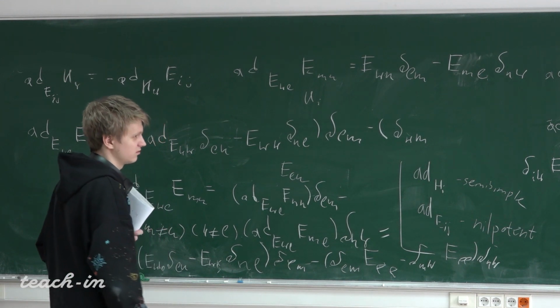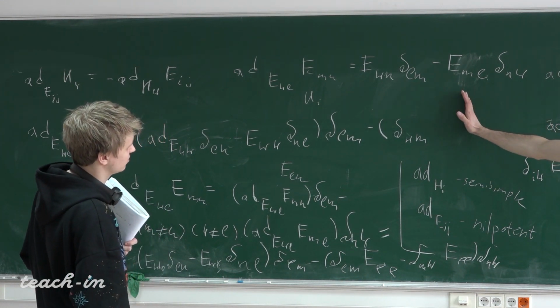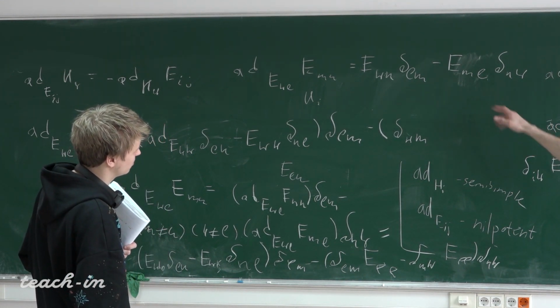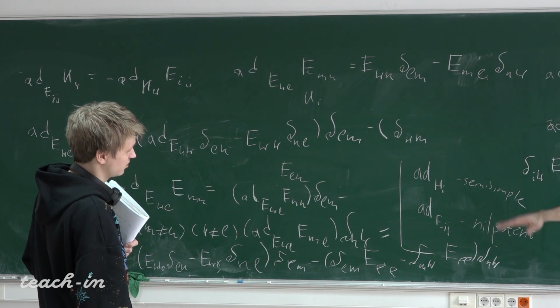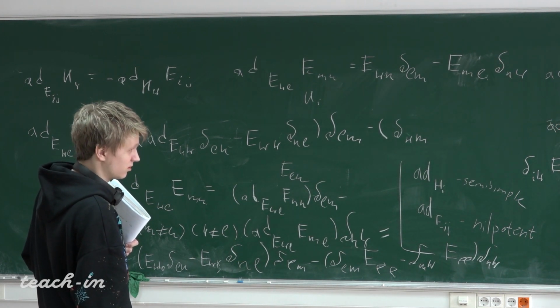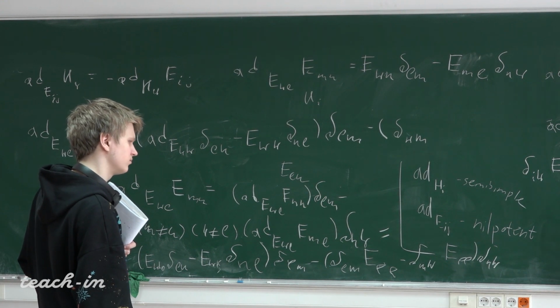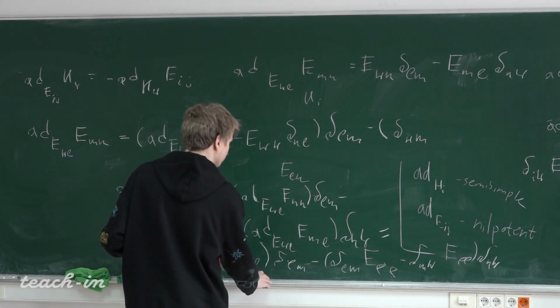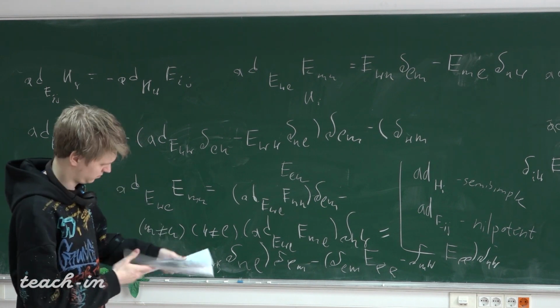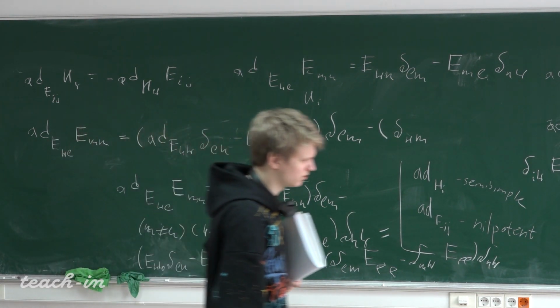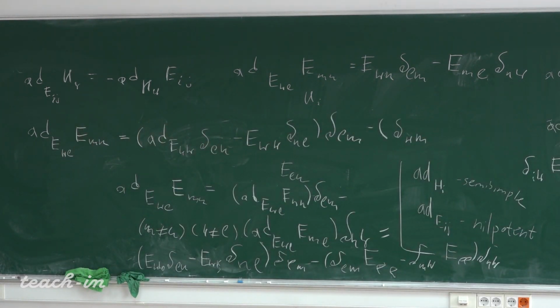No, you can take a large enough matrix with ones on the subdiagonal, and still you have to apply ad a bunch of times. Okay, but at least this one is clear. Okay, thank you.